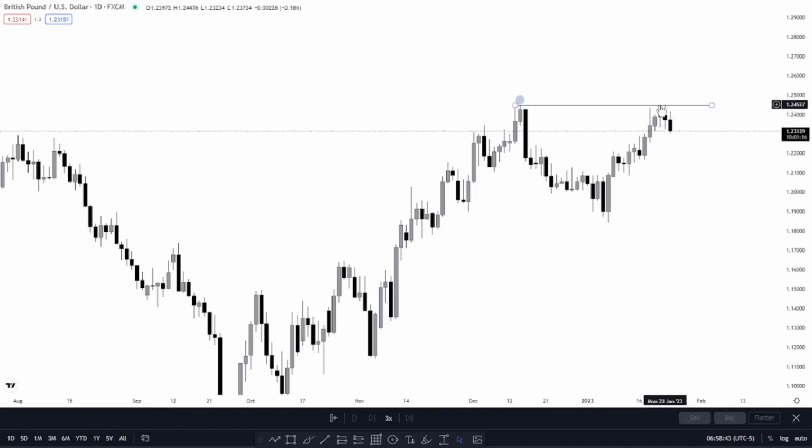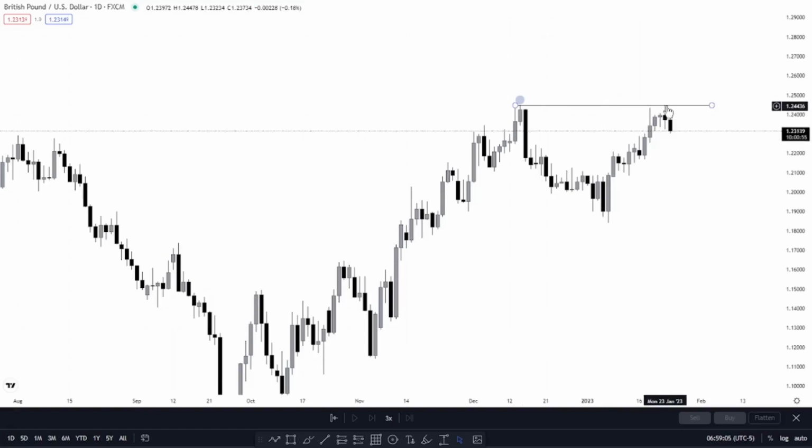This double top, these equal highs, signals that there is huge liquidity resting above this daily high. All that we wanted to know is whether price will break through this daily high, but as it is, price failed to break through.